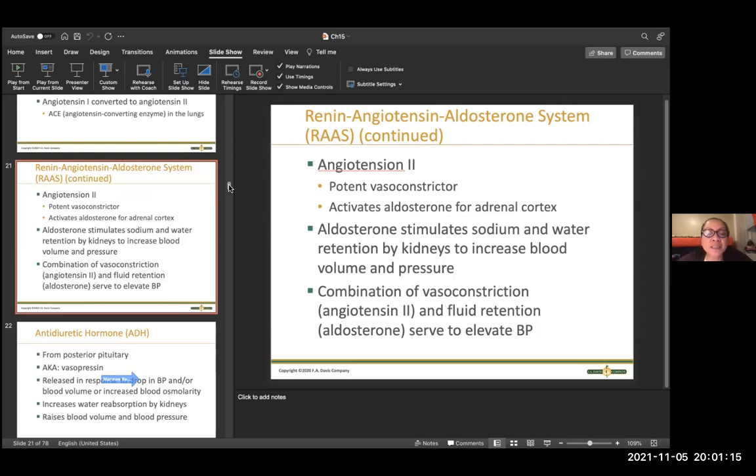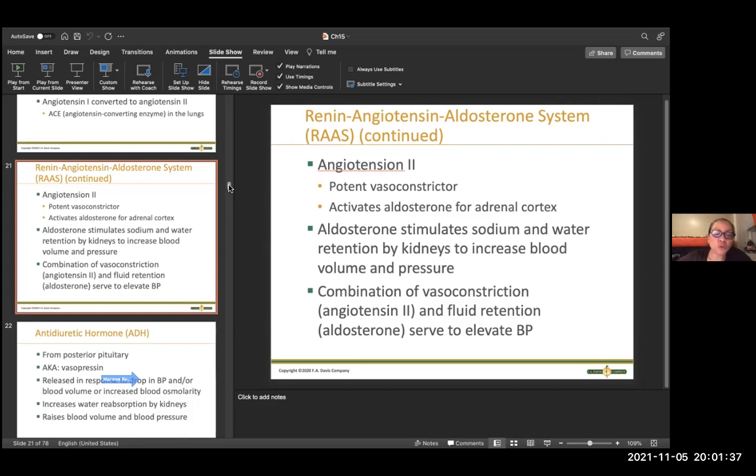So that's why this is the renin-angiotensin aldosterone system. The aldosterone stimulates sodium and water retention by the kidneys to increase blood volume and pressure. Why do you think that the aldosterone needs to stimulate the sodium and water? Just answer me.